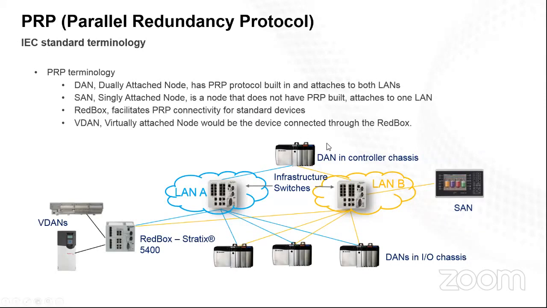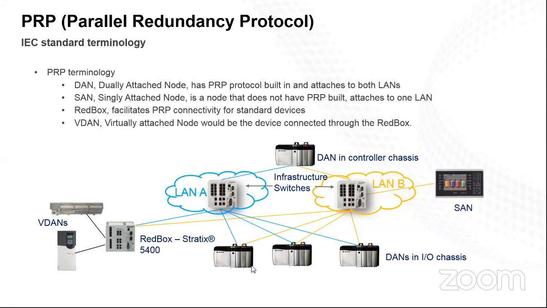If you can't, where I'm looking at here are the ControlLogix chassis. So we've got 1 at the top and 3 at the bottom. And what you can see there from each ControlLogix chassis is you have a DAN in the controller chassis and a DAN in the IO chassis. So a DAN, in PRP terminology, is called a dually attached node.